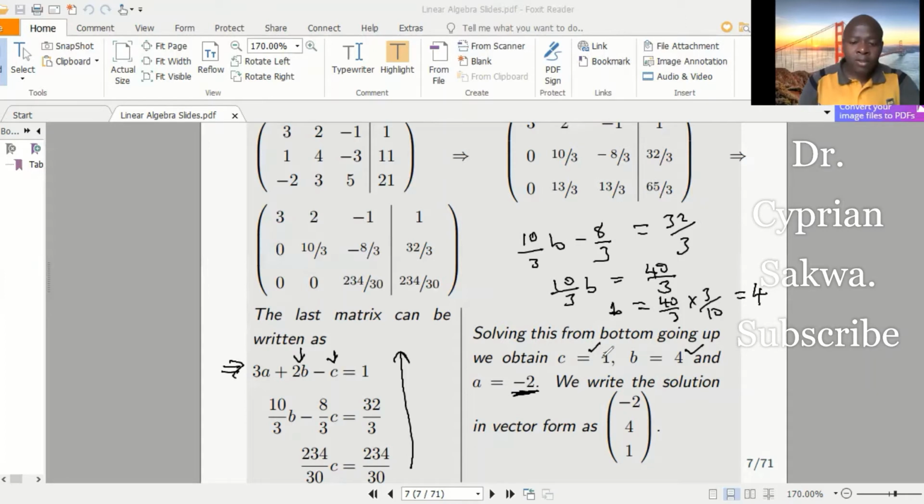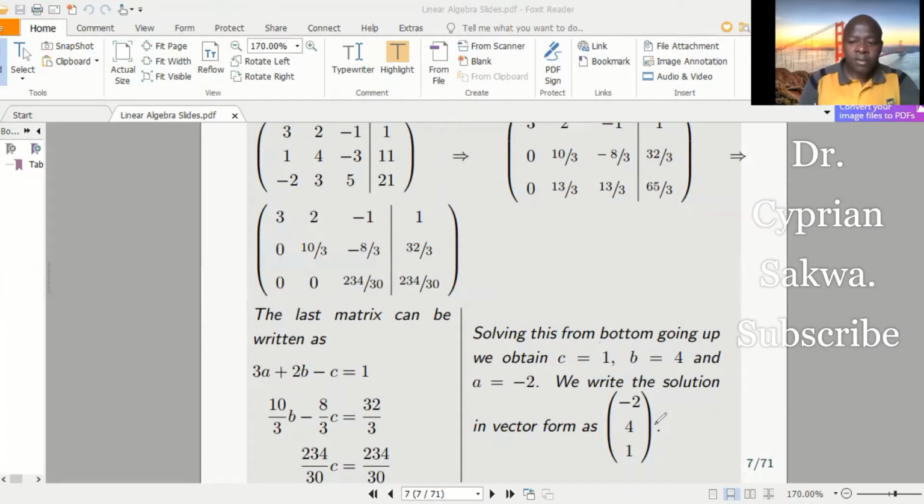Once I have my solutions for A, B and C, I write them in vector form, and that becomes the solution to the system. I've written them in columns, but you may also want to write them in a row, and there will be no problem. That will still be a solution to the system.